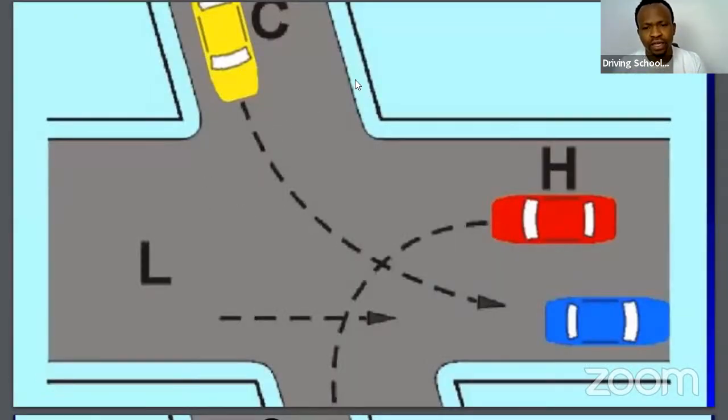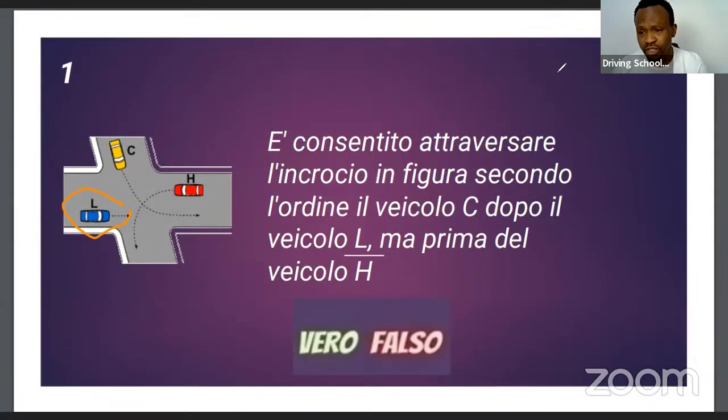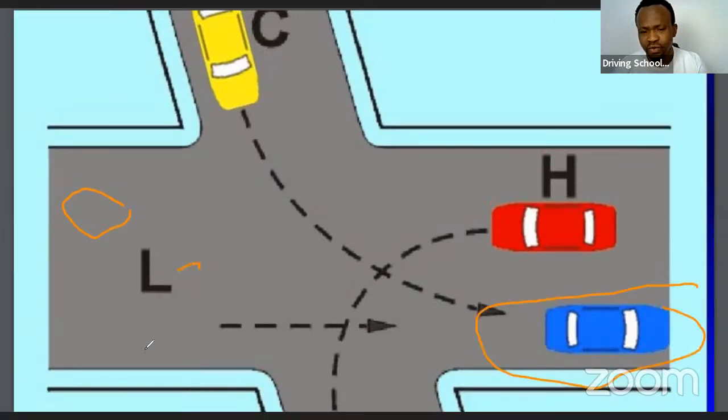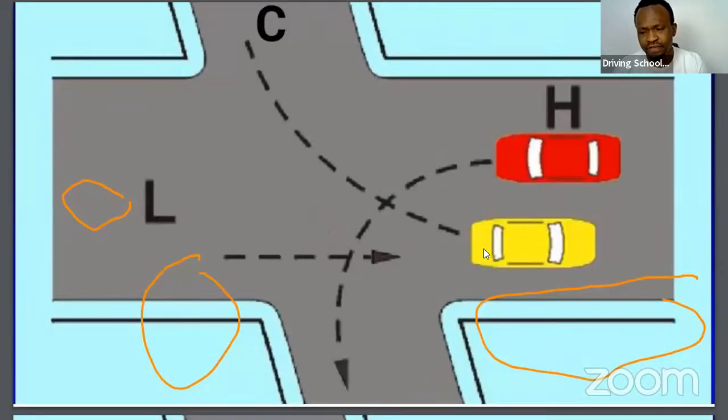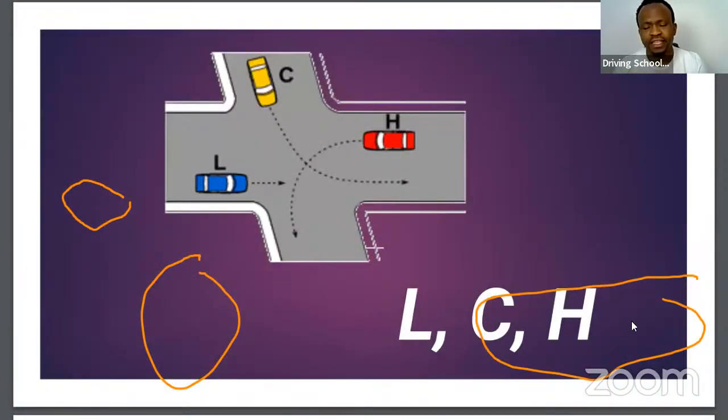In this case, vehicle L will be the first to leave. After vehicle L left the intersection, the next one to leave is C. Then C left, and the next one is H. So the order of passage is L, C, H.